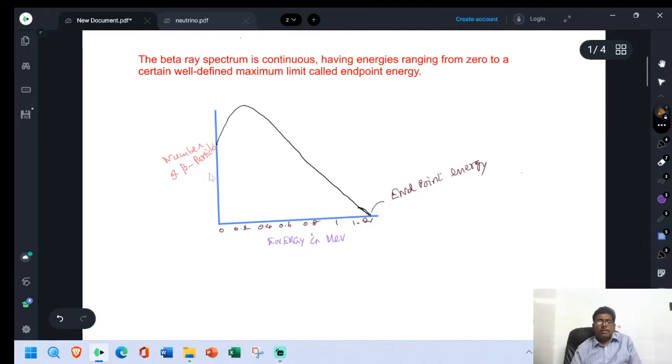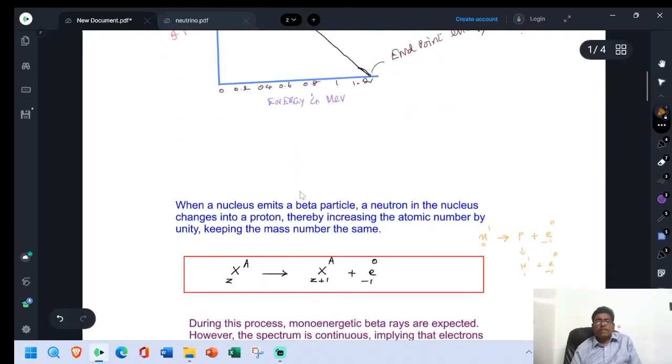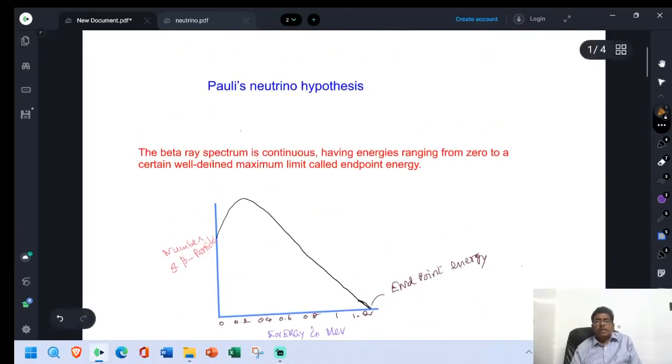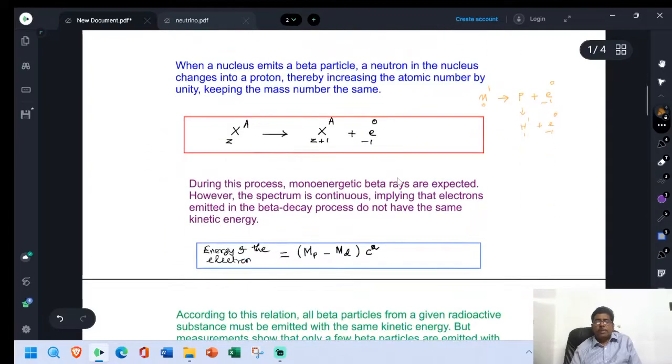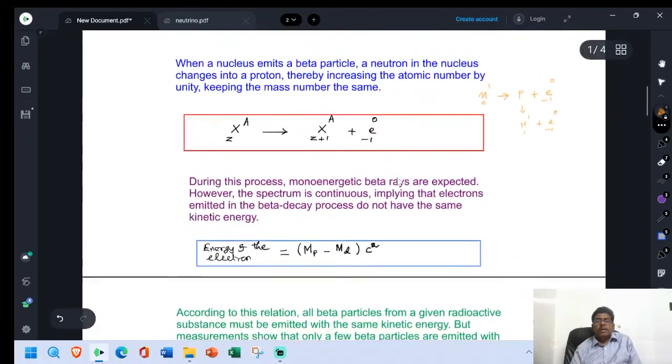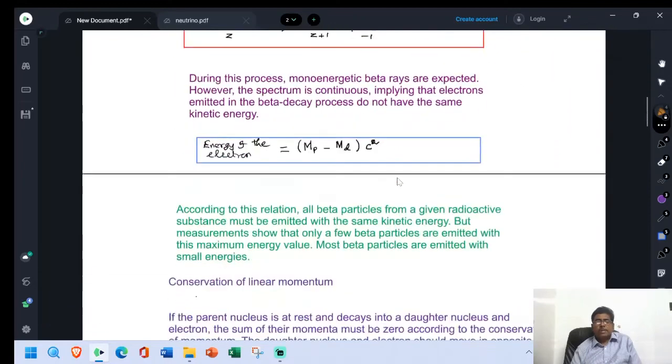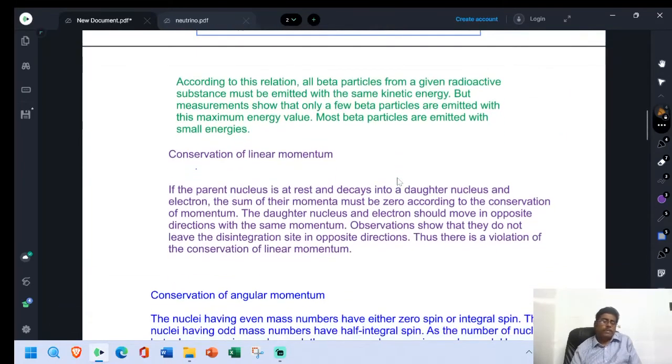This represents that all the emitted beta particles do not have the same energy, but come out of the nucleus with a range of energies. The beta ray spectrum is therefore continuous, having energies ranging from 0 to a certain well-defined maximum limit called the endpoint energy. This represents the non-conservation of energy. That means energy is not conserved.